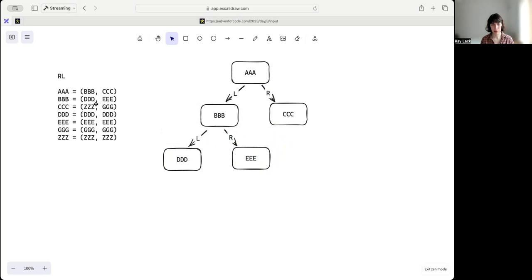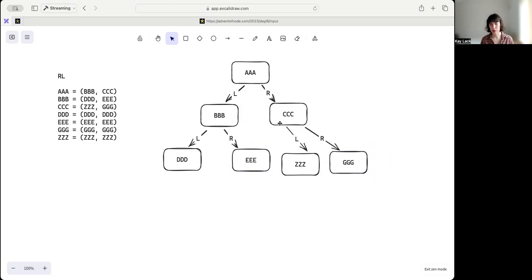That's from B. For C, the left one is Z, Z, Z, and then it's G, G, G. I could do the others, but it doesn't really matter because we're supposed to go right.